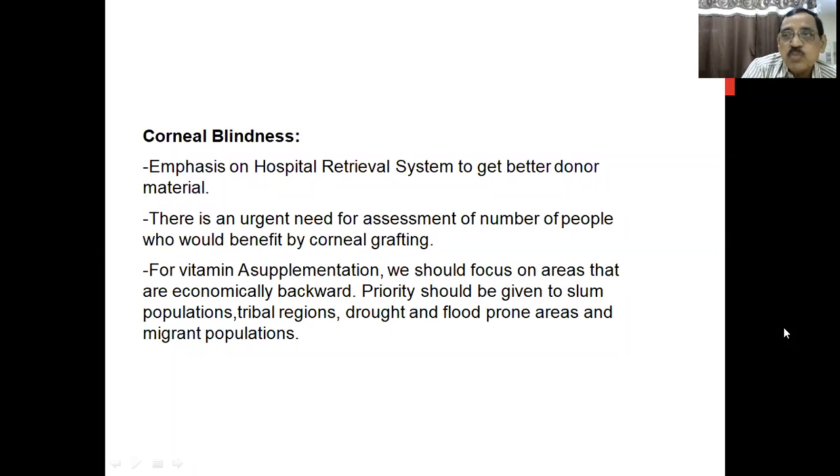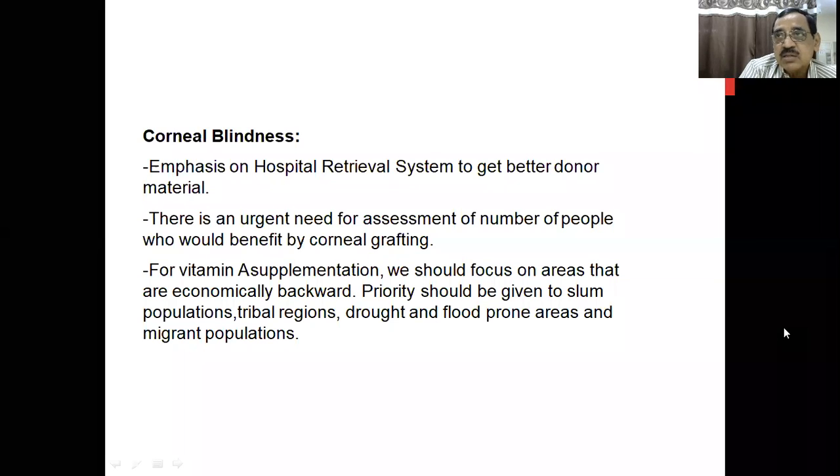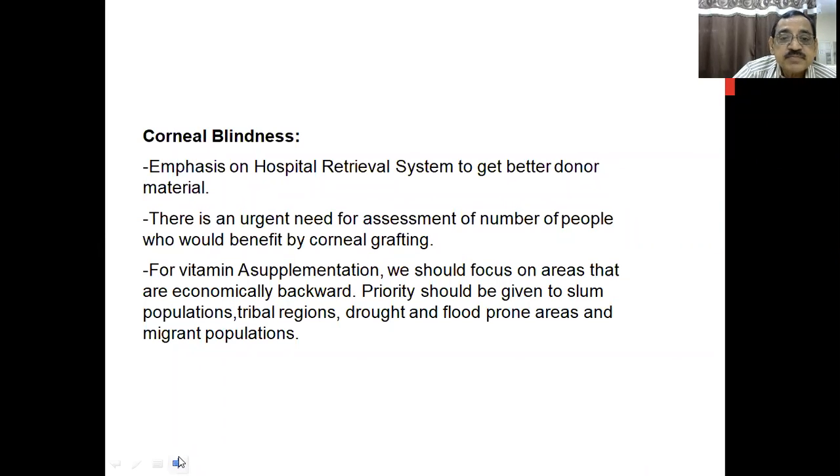There are a lot more people with corneal blindness than the supply of corneal graft material. For vitamin A supplementation, we should focus on areas that are economically backward. Priority should be given to the slum population, tribal areas, drought and flood-prone areas, migrant population, and nomads.